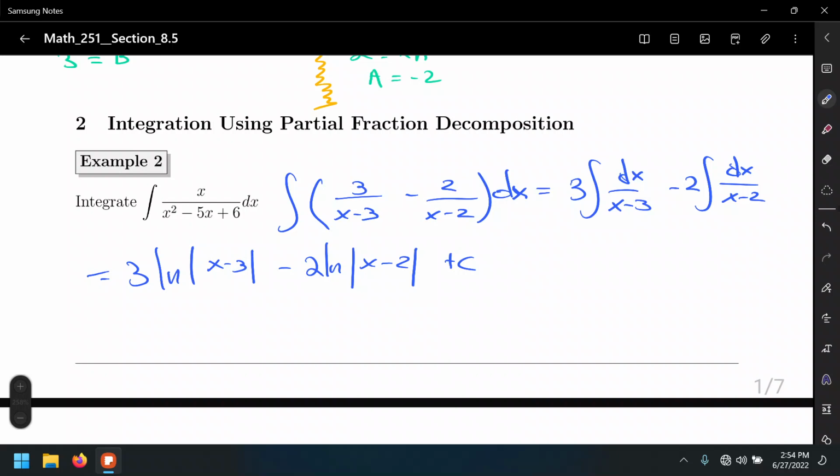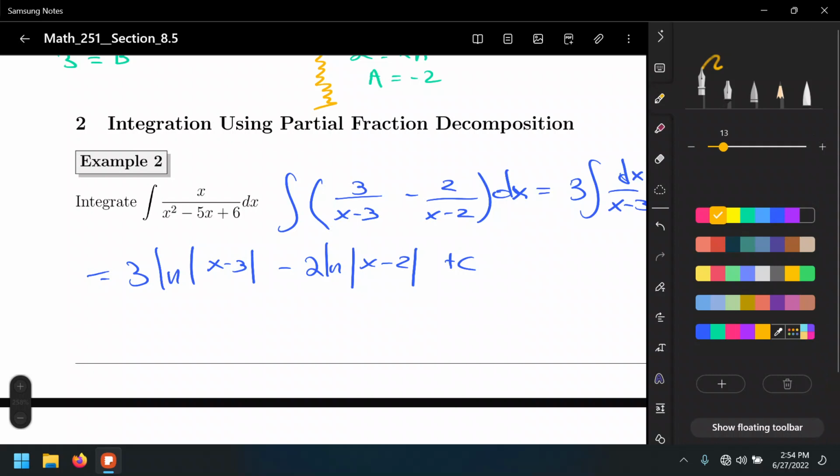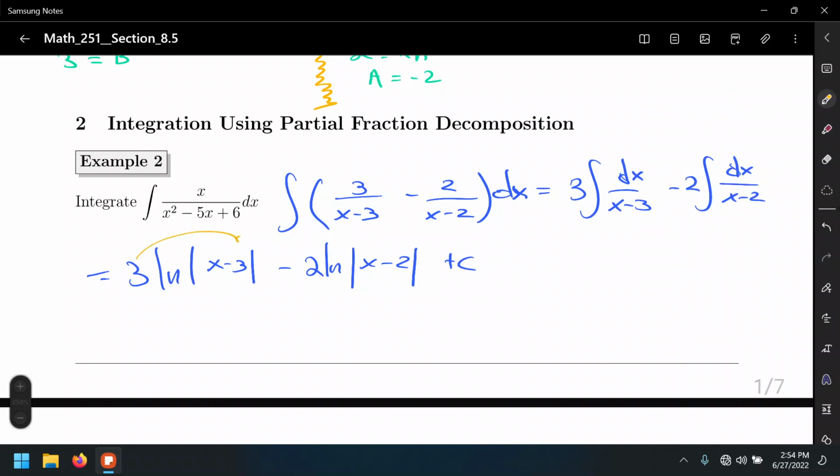Now, my MATLAB is a little bit crazy when it comes to final answers. I believe my MATLAB accepts these answers, but otherwise, when you look at the view and example, they end up condensing this into a single logarithm. To do that, we need to use properties of logarithms. Remember the basketball rule?